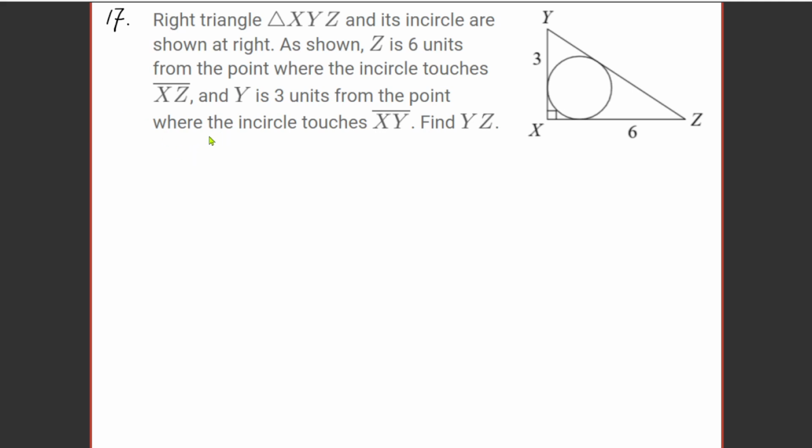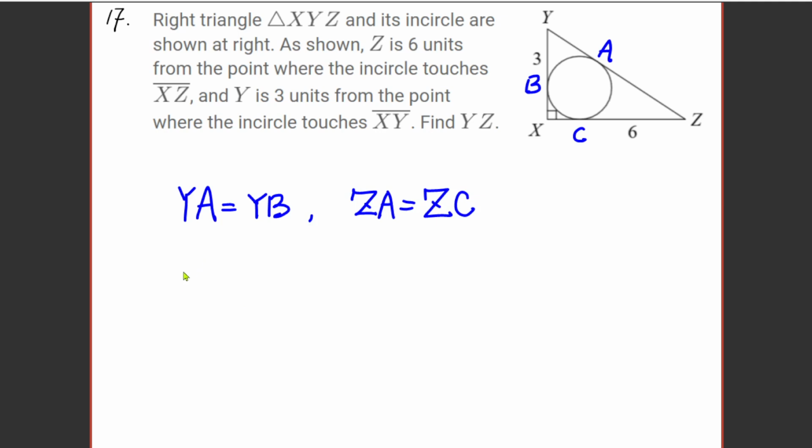So first of all, let's label this point here as A, and tangent point B, tangent point C here. We'll label the points of tangency as shown here, and in that case we have YA equals YB, and of course ZA equals ZC, right? And then we have YZ should equal YA plus AZ.